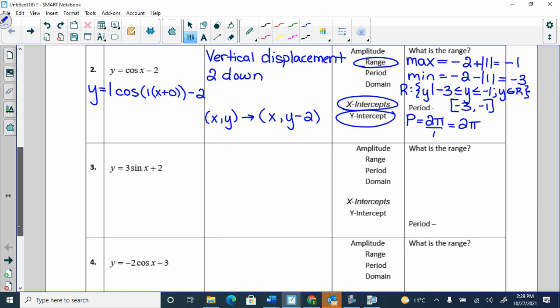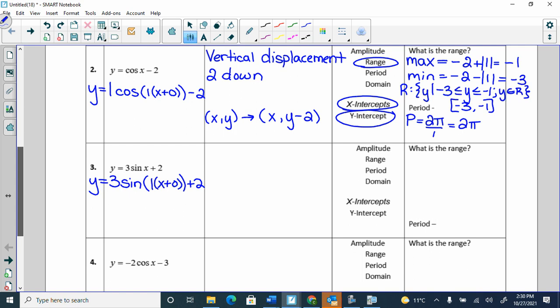And then I'm moving it up 2. So now it's just up here. That's all that's happening, right? Nothing crazy. So I'm going to rewrite it filling in my C's and my B's because I don't have any, and I like having them all. So y equals 3 sin(1(x + 0)) + 2.